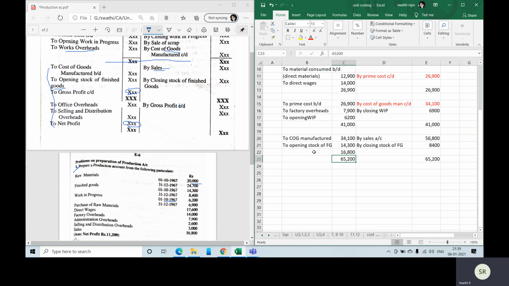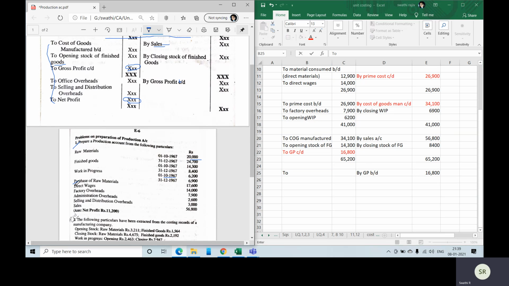Now that is your gross profit carried down. So after which, first thing you will do is gross profit is brought down 16,800, and then you will check for all the other expenditure.